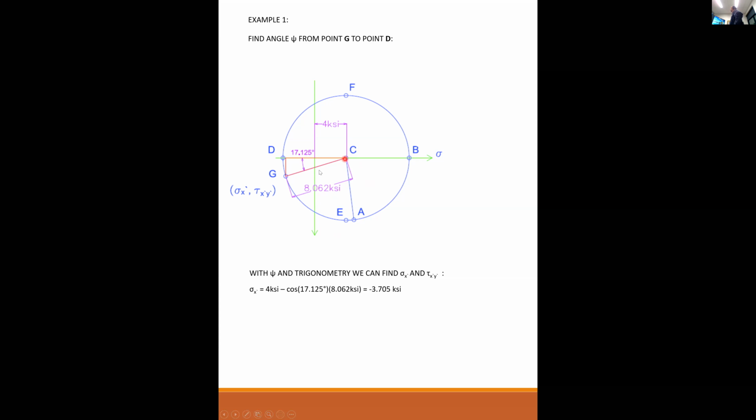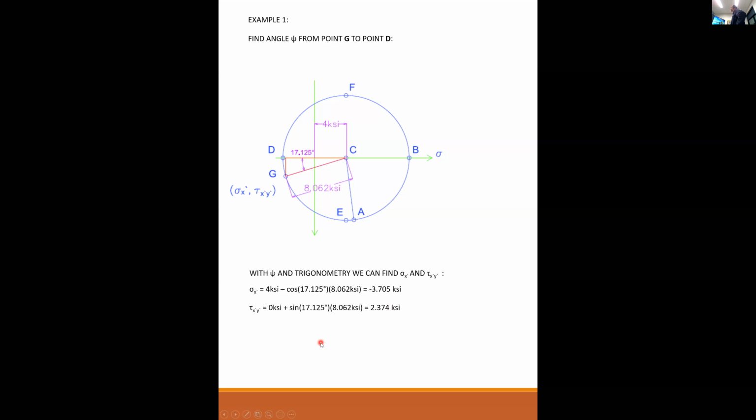So the radius is the hypotenuse, cosine is the adjacent, and then for the total distance, you have to subtract the 4 KSI from it because you go over 4 and then back out. So what we're left with is minus 3.705 KSI, which is actually this distance right there from the 0 line to G, minus 3.705 KSI.